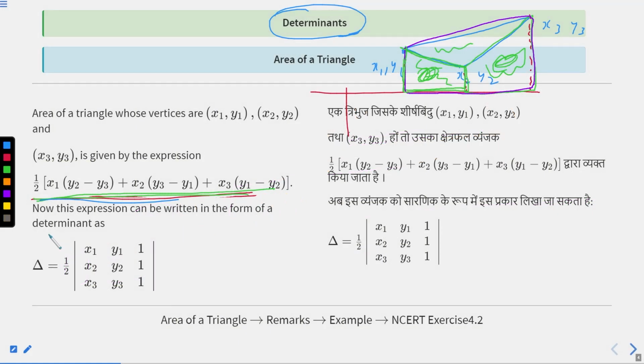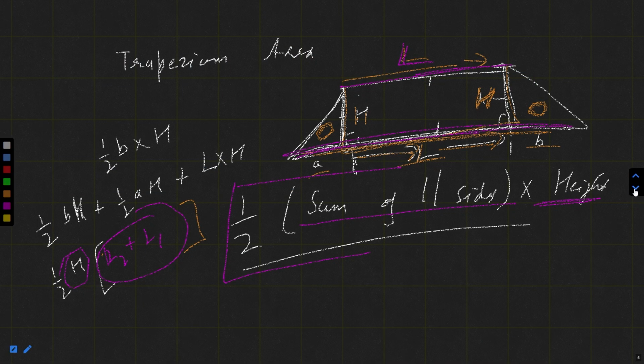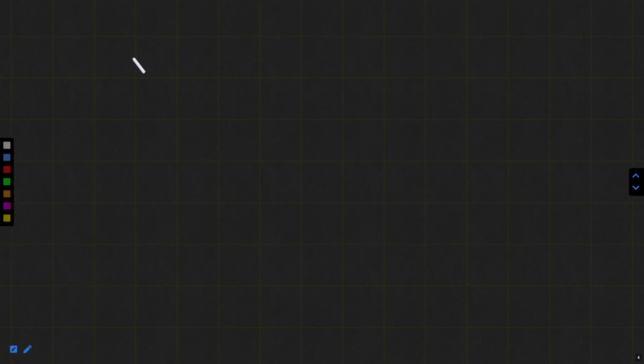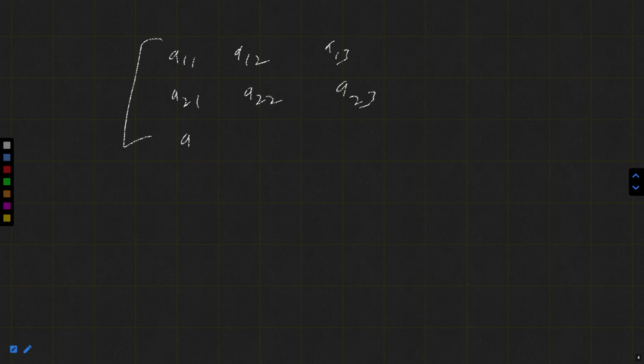Simple. Now, this expression written over here can be reduced to determinant form. So how are we going to reduce it to determinant form? If you try to recall determinants, what happens is just simple. So a11, a12, a13, a21, a22, a23, a31, a32, a33.